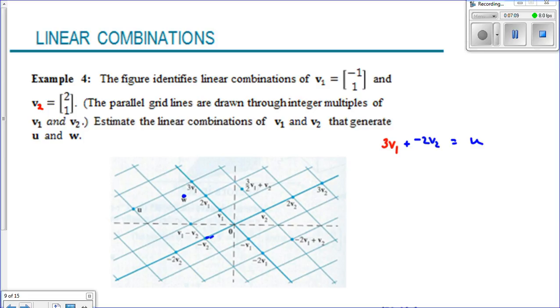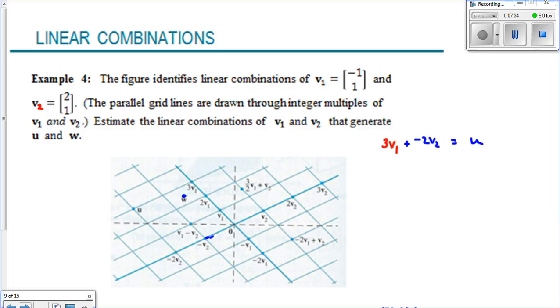Every point in that plane, in those 2 dimensions, can be written as a linear combination of v1 and v2. Now, that would not be the case if they were parallel to each other, but they're not. As long as they're not parallel, every point in that 2-dimensional space will be a linear combination of v1 and v2. So let's see. To get to w, I need to go out.